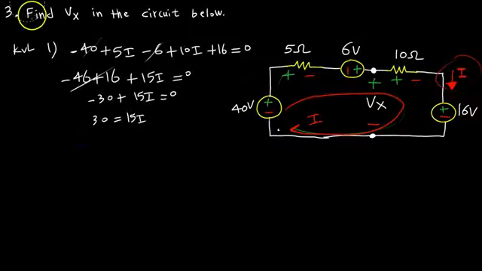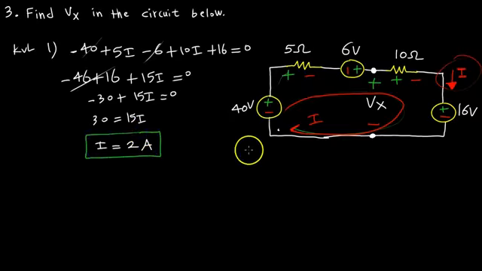Let me write that more neatly. I is equal to 2 amps, as we said. That's not the final answer, but we're going to box that, and that tells us that the current is going in the clockwise direction as we predicted. And what we're going to do next is find Vx.